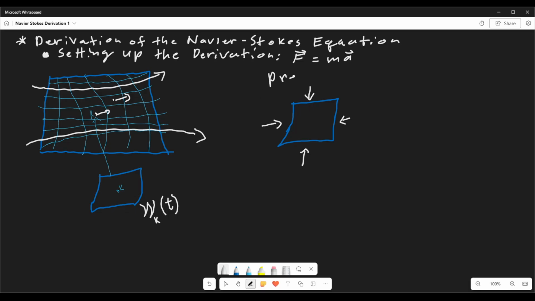Pressure. If one side is greater than another side, then there's going to be a net force if there's a pressure imbalance.